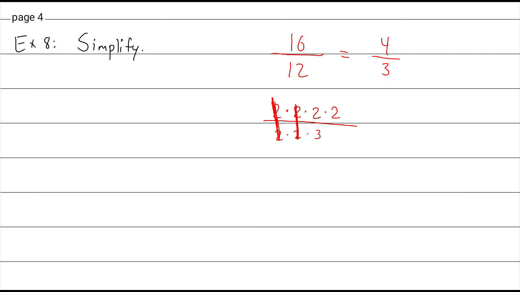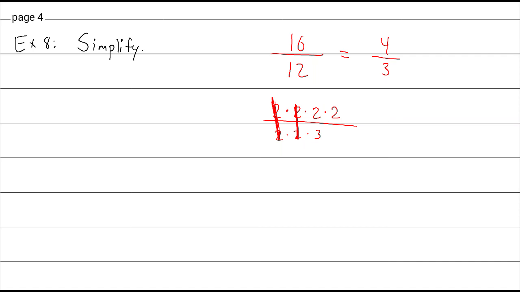It really just becomes 1 times all this stuff, so basically non-existent. Same thing happens here. I'm left with two 2's on top, which multiply together to equal 4, and a 3 on the bottom, which is equal to 3.